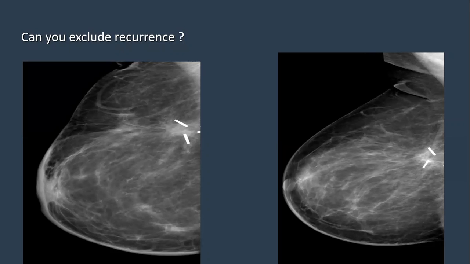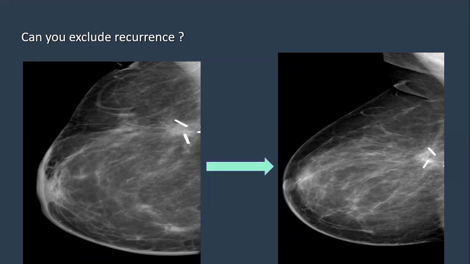There is also an increase in skin thickening and edema. But this might be the first one and the other the second one. You did not ask. You have to ask which one is the first and which one is the follow-up. You are going to tell me you cannot exclude recurrence, but I want to know which one is the first and which is the follow-up.